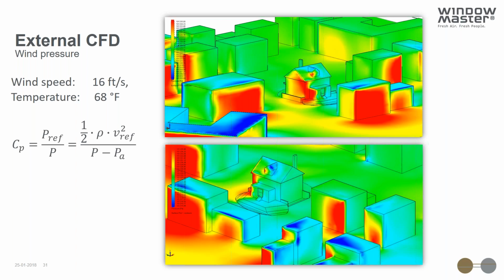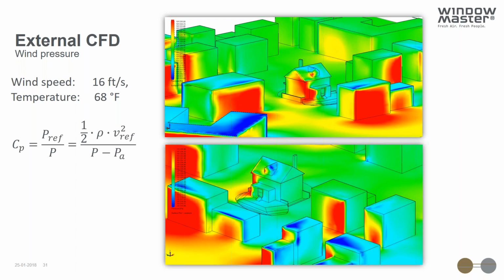But we're doing them to find the pressure coefficients, and we're doing it for only one wind speed, because the CP, or the pressure coefficients, are constant.